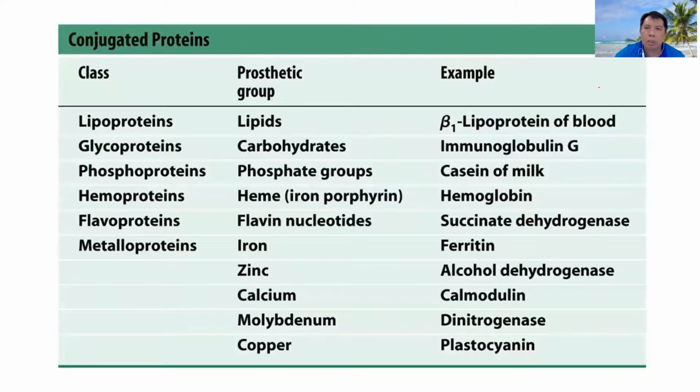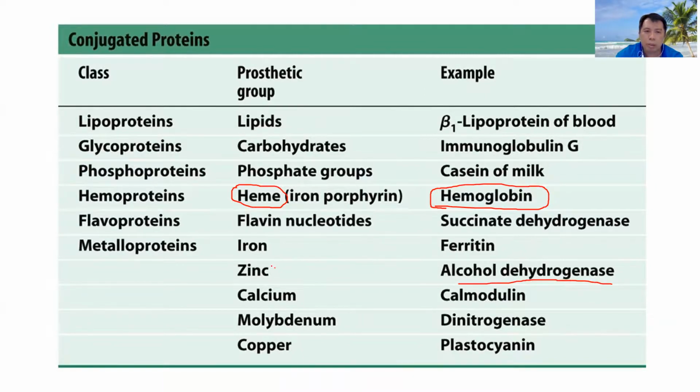When we compare to conjugated proteins, a very easy one is hemoglobin. Hemoglobin contains a polypeptide chain and the heme group. The heme group is the prosthetic group of hemoglobin, and it contains iron and a porphyrin structure. Another example is the enzyme called dehydrogenase.